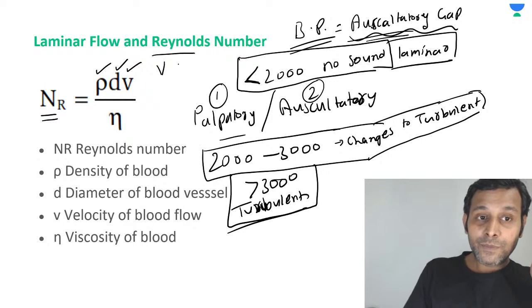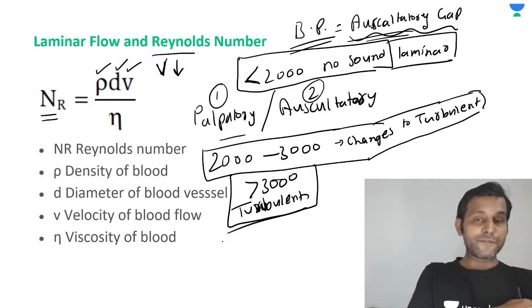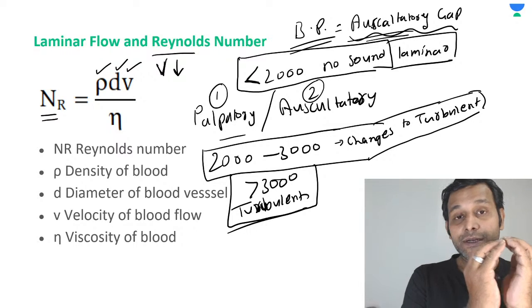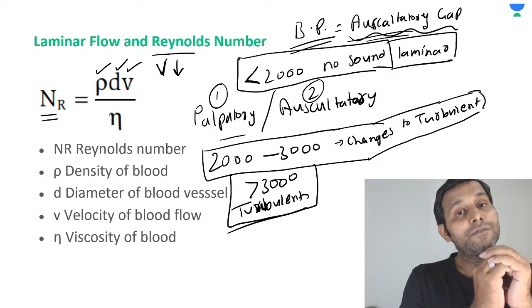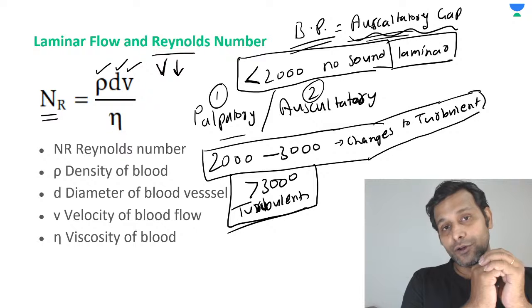So the velocity of the blood flow decreases. I hope you are getting this point first. As you keep increasing the cuff pressure, you decrease the diameter, which increases the resistance, which decreases the flow, which decreases the velocity.